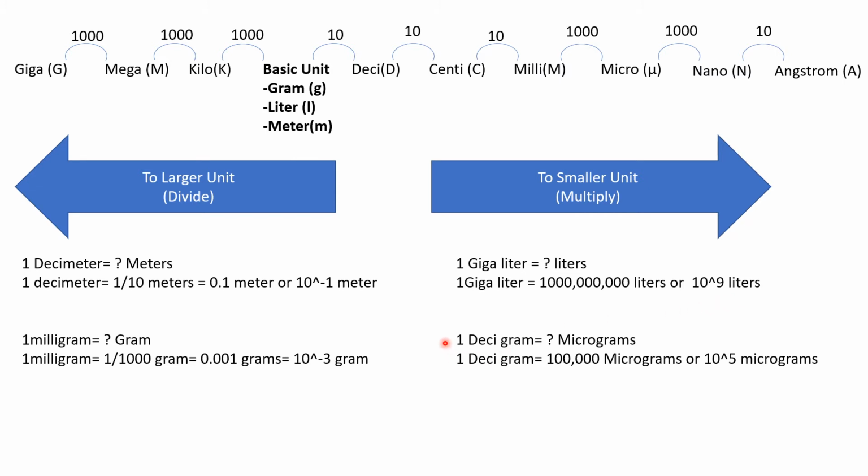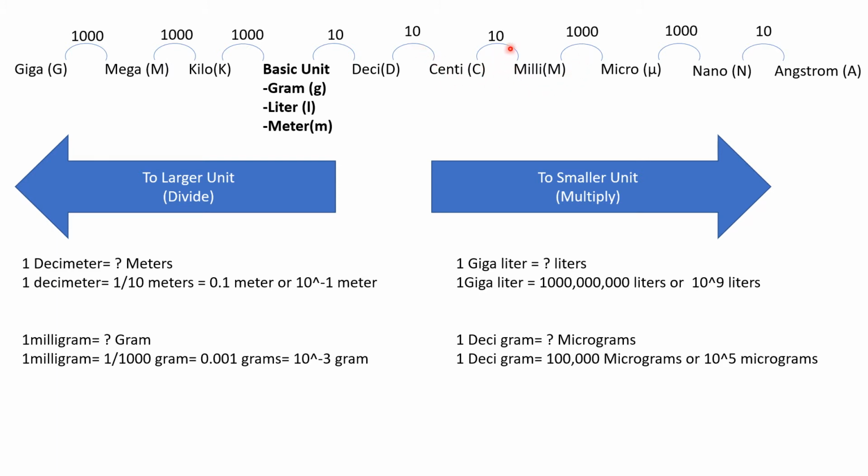Let's try another example. Let's say that I want to go from decigrams to micrograms. Deci to micro. Again, notice how I'm going towards a smaller unit. So if I want to go from deci to micro, figure out how many loops you have.